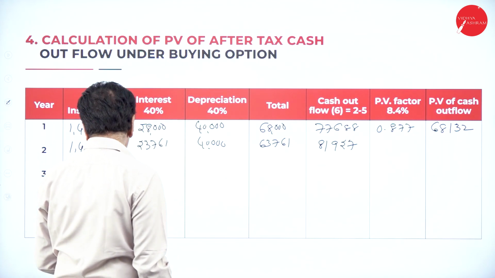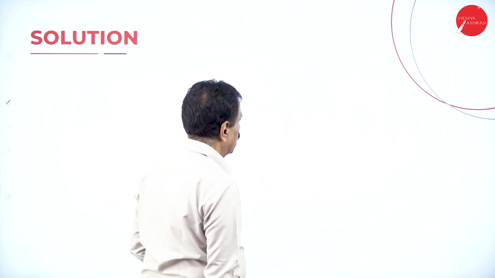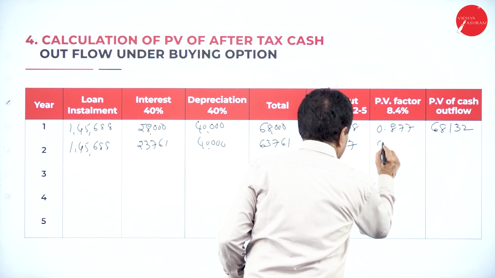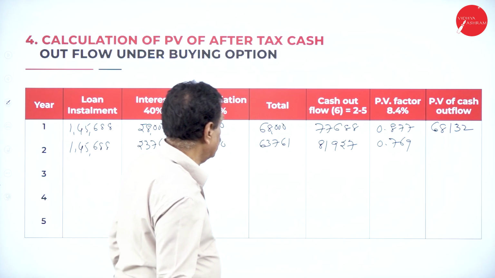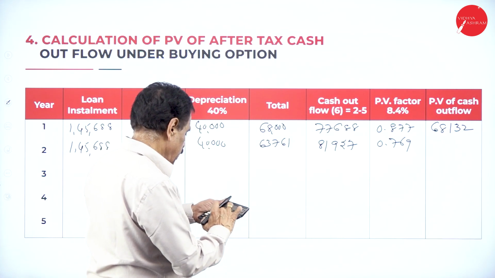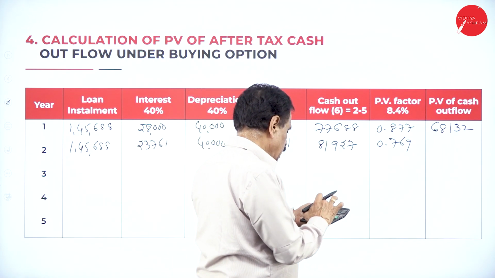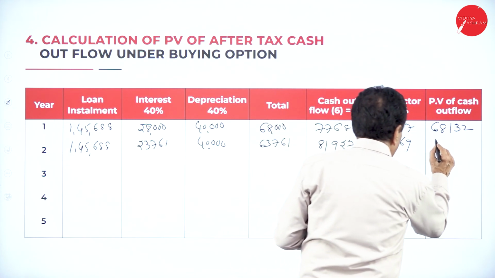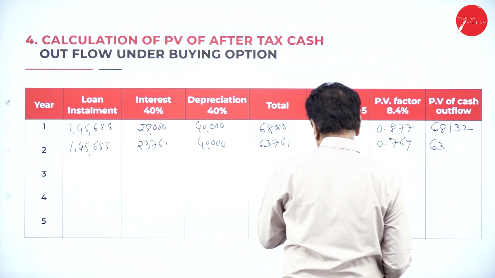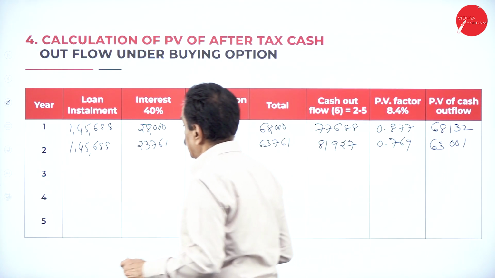Discount factor 0.769. 81,927 into 0.769 is 63,001.